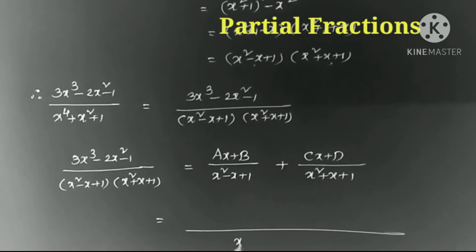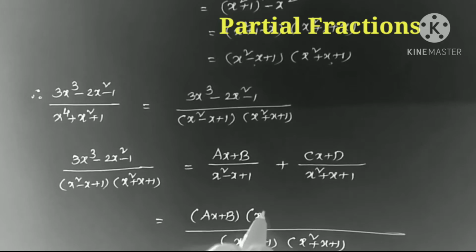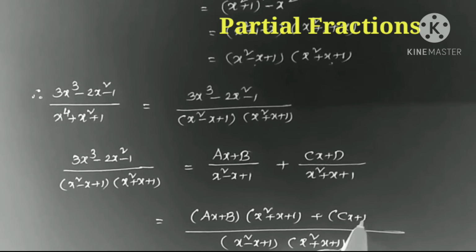Now taking the LCM, (x² − x + 1)(x² + x + 1). What is the first value here? (ax + b)(x² + x + 1) is the first value, plus the second value (cx + d)(x² − x + 1).